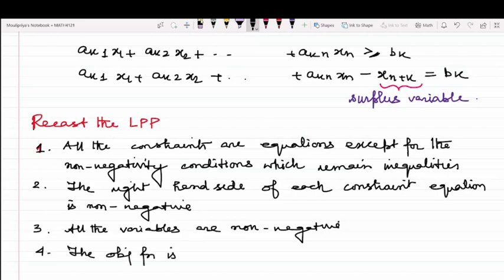is, we will study the algorithm considering that the objective function is maximization type. If there is a problem pertaining to minimization type, we will convert it to maximization type and do the algorithm, because for minimization type, the entire rule of the algorithm is going to vary.